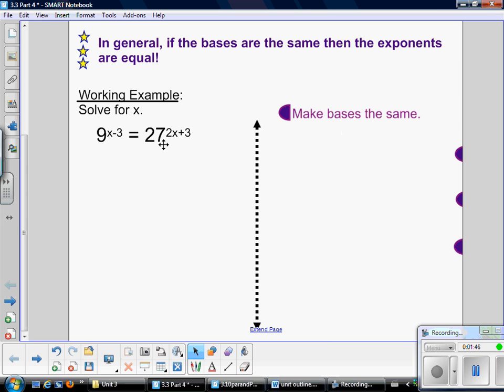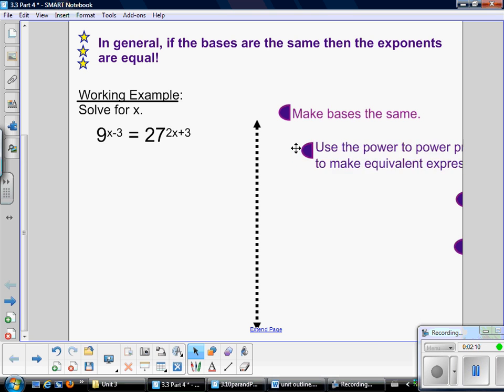I have a 9 and a 27. In a lot of cases, I try to see if I can turn the larger number into the smaller number. Can I change the base of 27 into 9 to the power of something? No, I can't. So what base could I use for both a 9 and a 27? Hopefully you said 3.